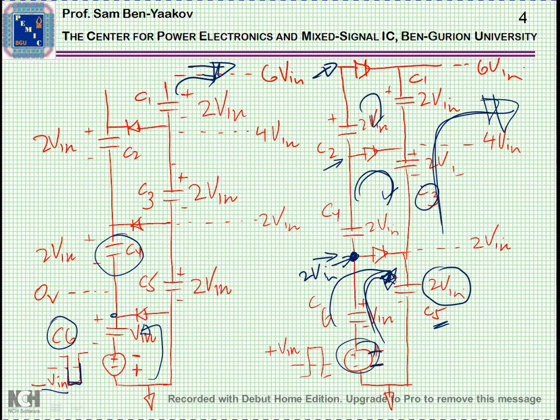C4 was delivering charge to C3, and now, since C5 is fresh, we can have the charge coming to C4, and so on and so forth. And by this, we connect one series of capacitors one half cycle, and then the other one at the next half cycle, and by this, we move the charge from the source up, and eventually to the output. This is really what happens.